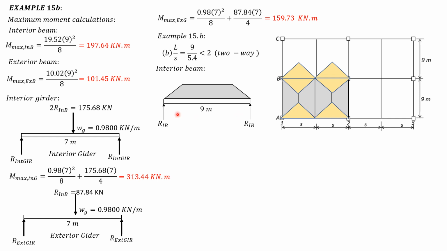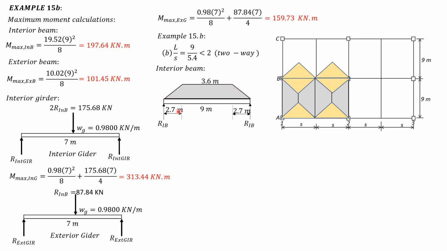S over 2, 5.4 over 2, is 2.7. So 9 minus 2.7 times 2 would be 3.6. So the length of this horizontal line is 3.6, and the intensity of the load consists of the uniform weight of the beam, which is 0.5124 kilonewton per meter.